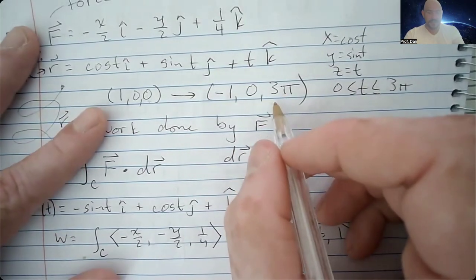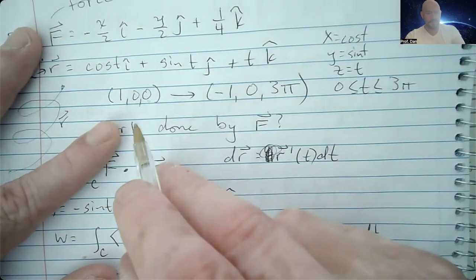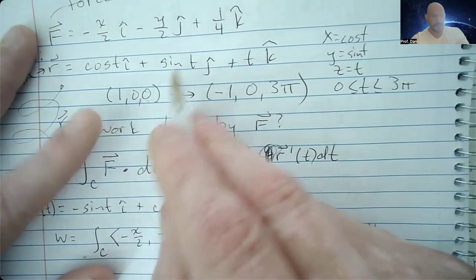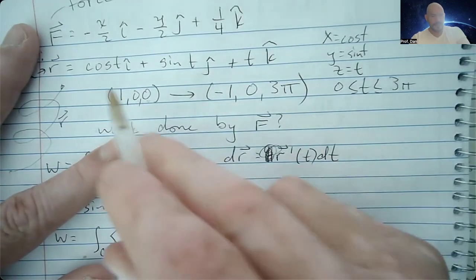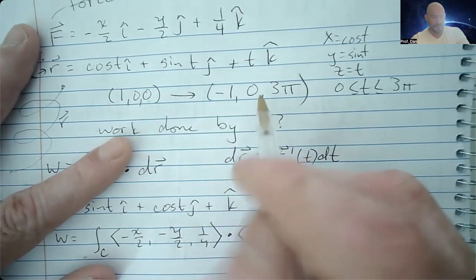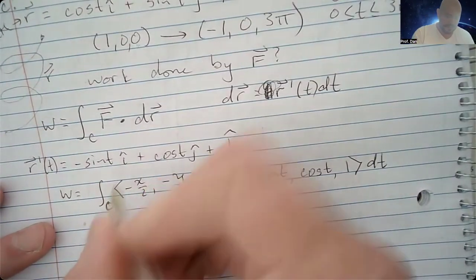And to test it out, you could try plugging 3 pi into the x and y component and you'd see that it would end up matching. Cosine of 0 is 1, sine of 0 is 0, cosine of 3 pi is -1, sine of 3 pi is 0. So the bounds for our integral are going to be from 0 to 3 pi.